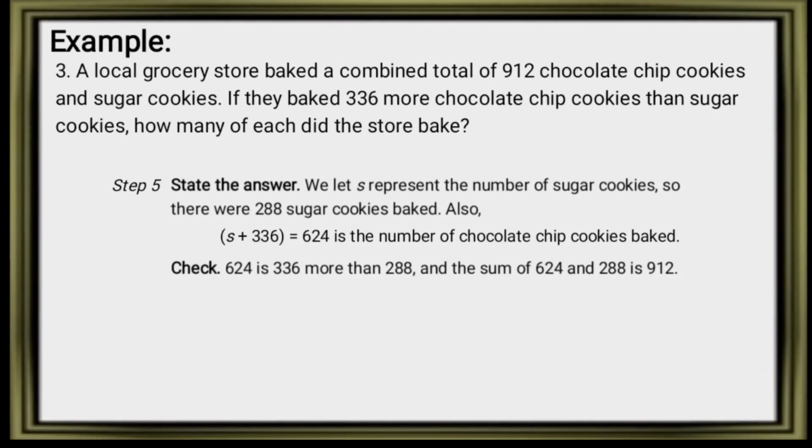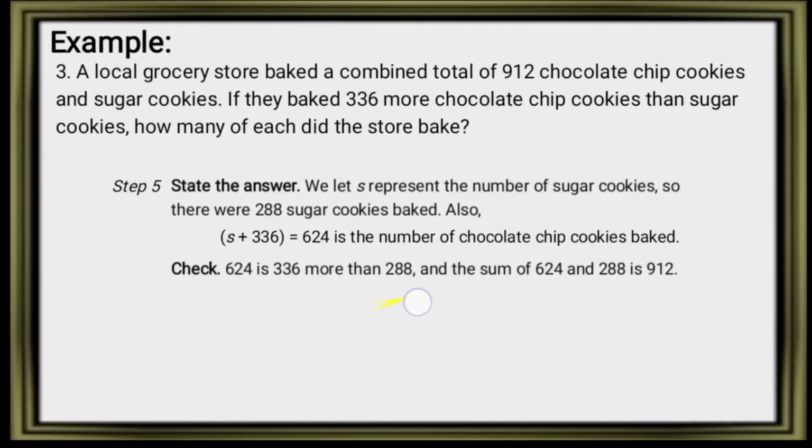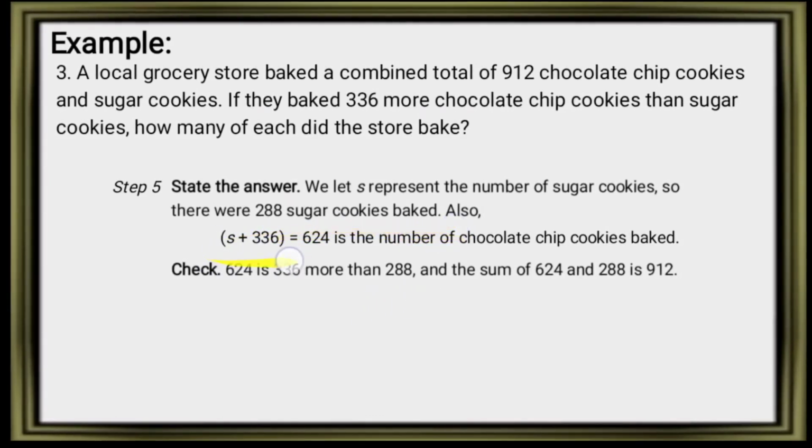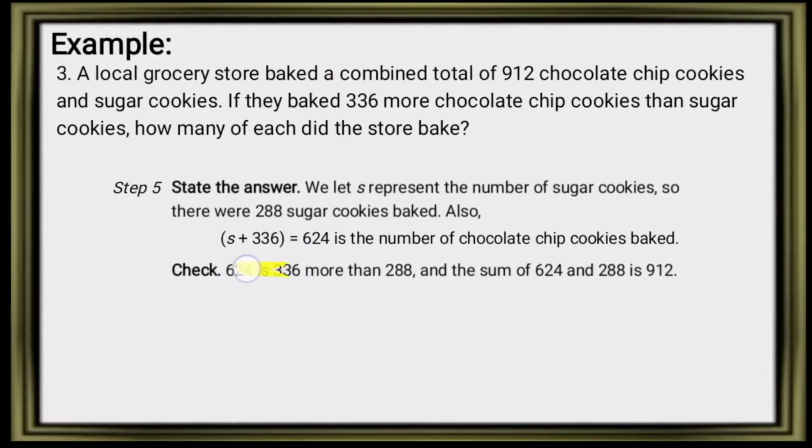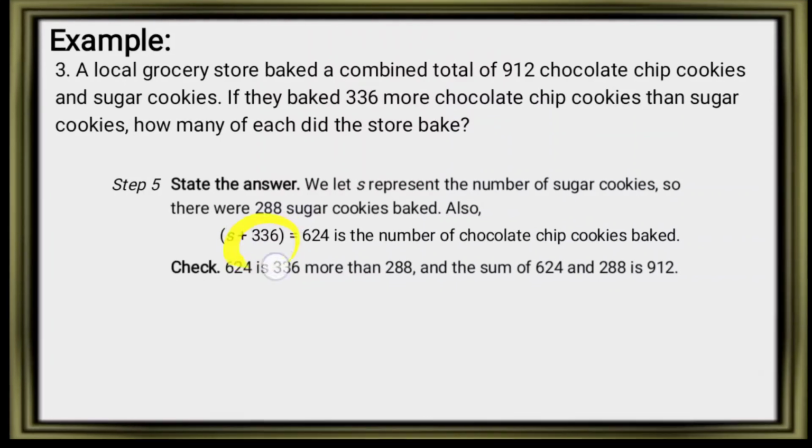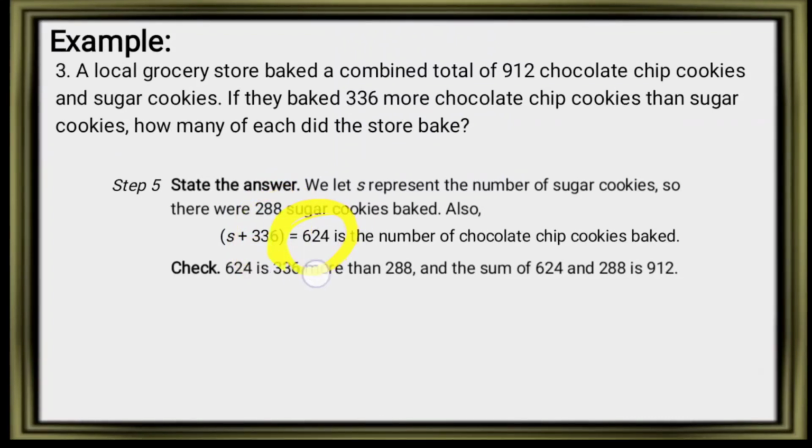Therefore, that is our sugar cookies. Okay, there are 288 sugar cookies. So, if our chocolate chip cookies is S plus 336, means we have to add 336 to 288, and that is equal to 624.